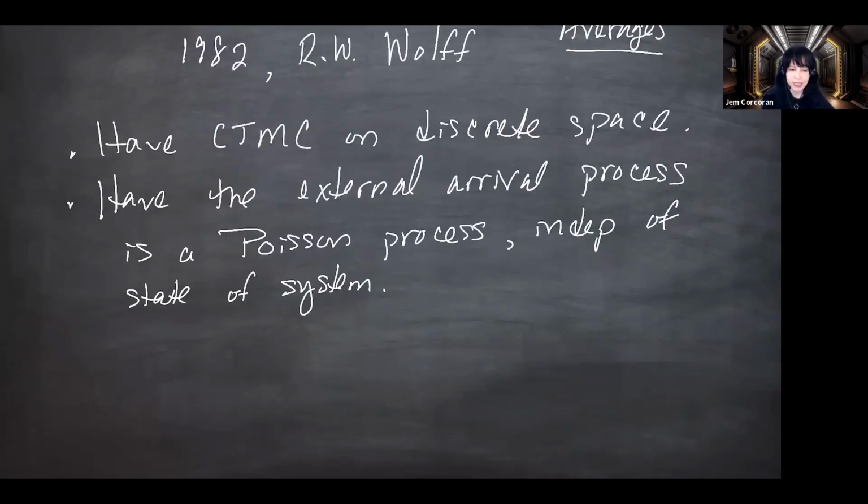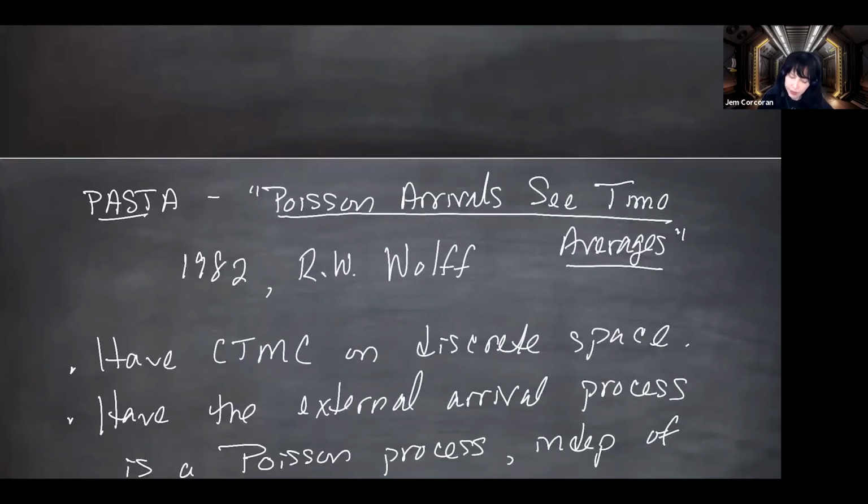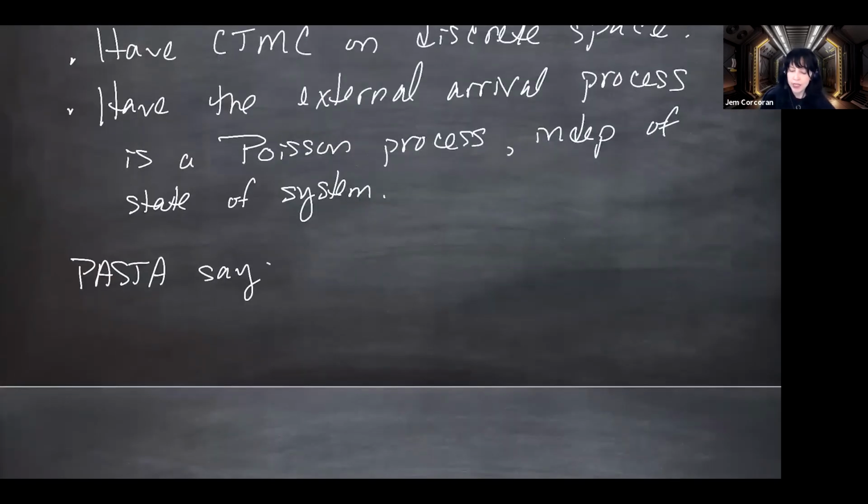Now I'm ready to state PASTA. So PASTA says that an arriving customer sees the system behaving the same way as an external observer who's looking at it at any arbitrary time point t.